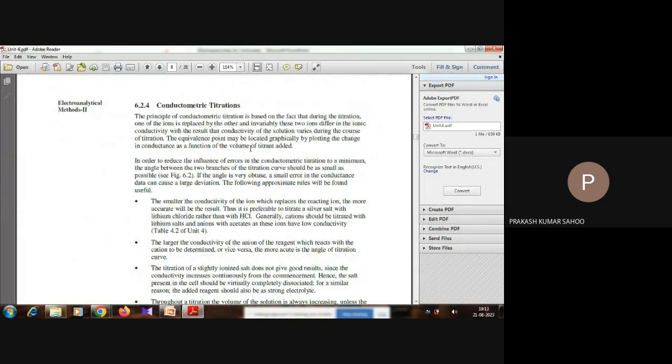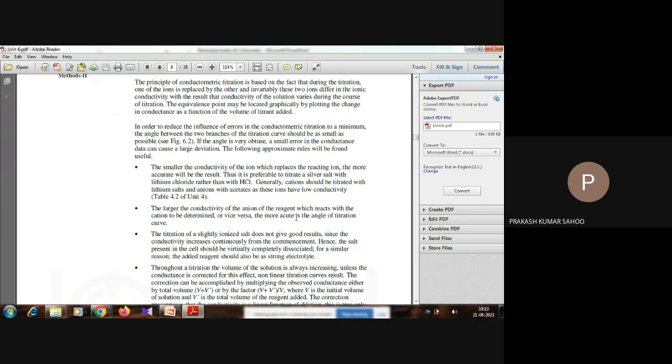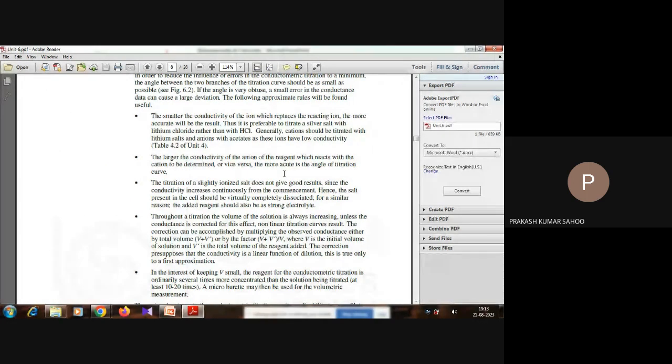Then conductometric titration is an application of the conductometric part, that is titration. With the help of titration we can determine the concentration of a precipitate salt like silver. Then the large conductivity of the anion will be determined.